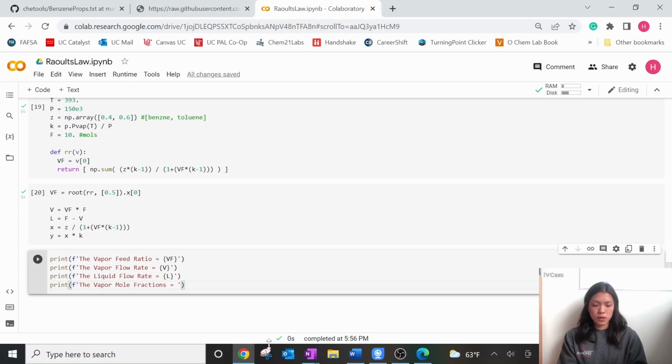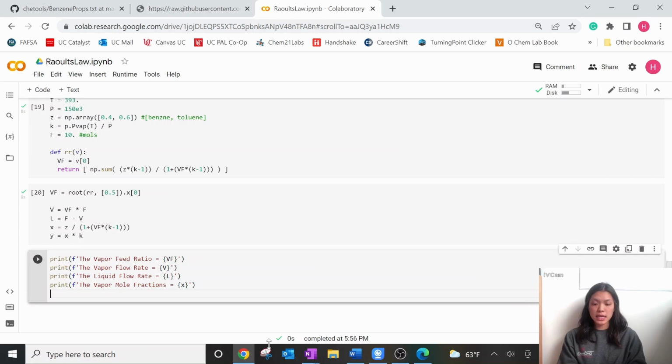And then we are doing the defined variable. And then closing out the quotations and the parentheses. So that is for all 5 print statements.